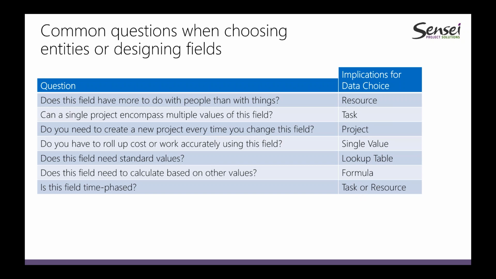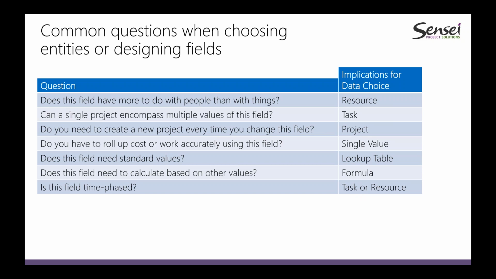Is the field time phased? Well, if there's a different value for each day or each hour, you need to be able to show that in the data, and you need to put it at the task level, or in some cases at the resource level if it's, say, capacity or availability.